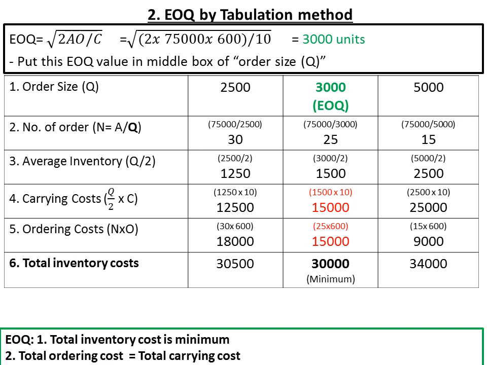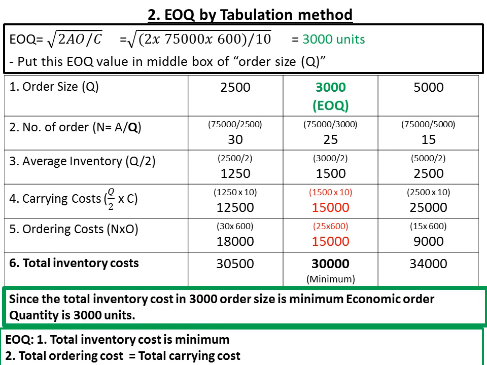Now you can use the O value as 600 and the N value according to the column. So we can say the ordering cost is, for 30 orders, 30 into 600, for 25 orders, 25 into 600, for 15 orders, 15 into 600. We can calculate 18,000, 15,000 and 9,000 respectively.